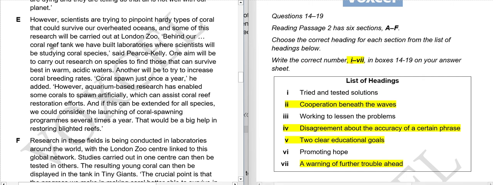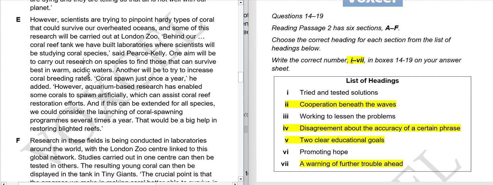Behind our coral reef tank, we have built laboratories where scientists will be studying coral species, said Pierce Kelly. One aim will be to carry out research on species to find those that can survive best in warm acidic waters.